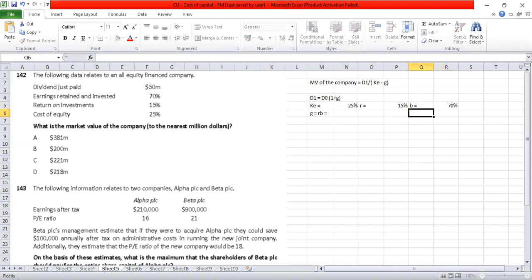If they are retaining 70%, these 70% which are retained also will earn a return at the rate of 15%. So G is equal to R into B, which is equal to 70% into 15%.